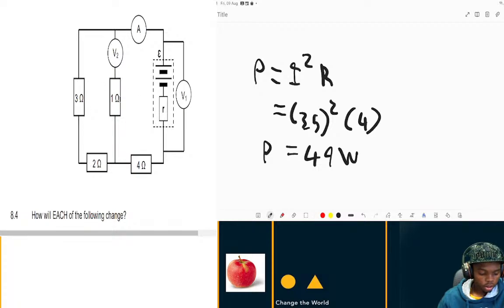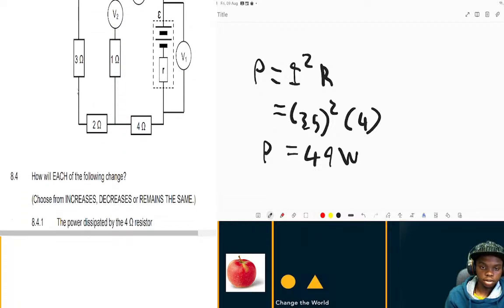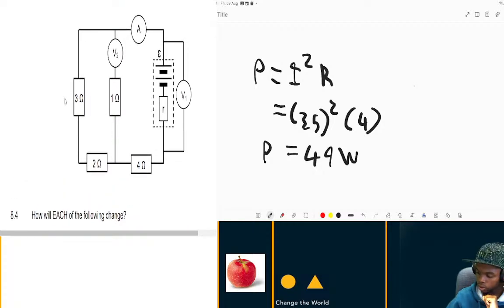If it goes through here instead, because here it won't pass because of this voltmeter, now it means our resistance will increase, right? Our total external resistance of the circuit will increase. So let's look at our R is equal to V over I.